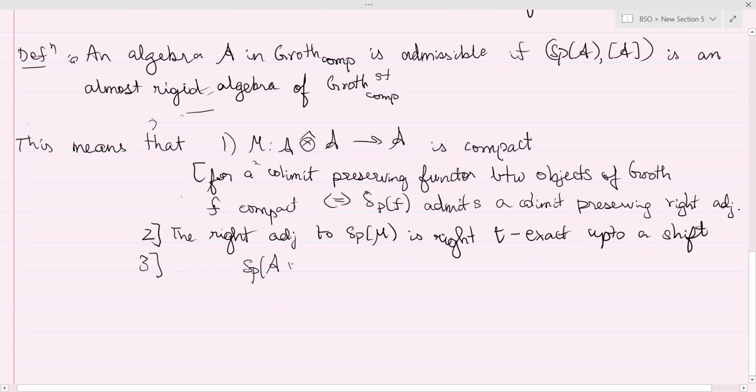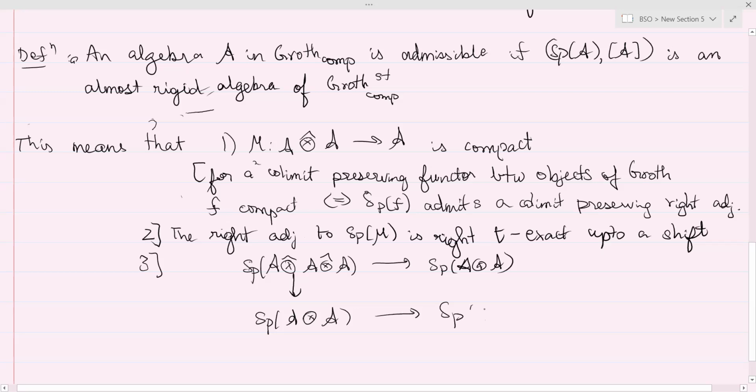Sp of A tensor A, Sp of A. This is both vertically and horizontally right adjointable.